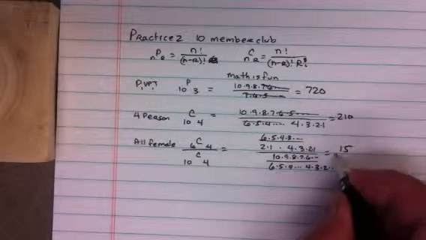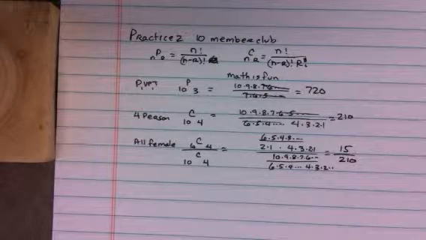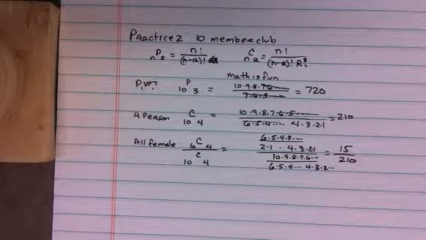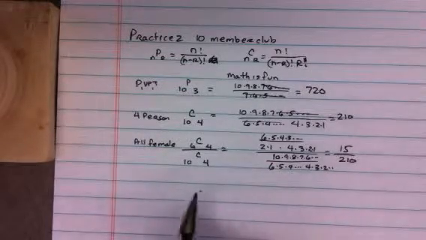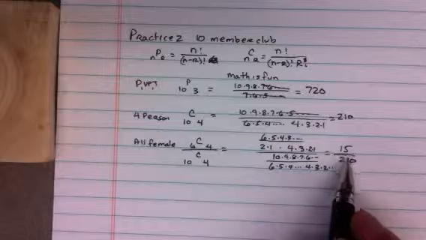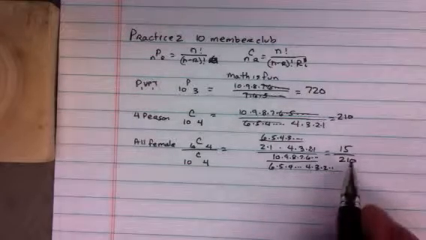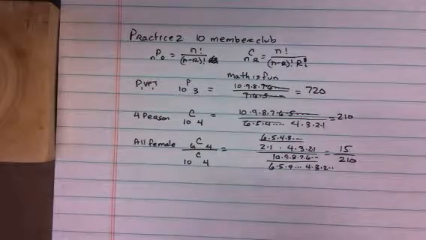We're left with 15 over 210 for this one. You could probably reduce it even, well, you definitely could reduce it more than that, but that is the fraction that we have for the probability, and we would just divide the top into the bottom to get the decimal equivalent to that.